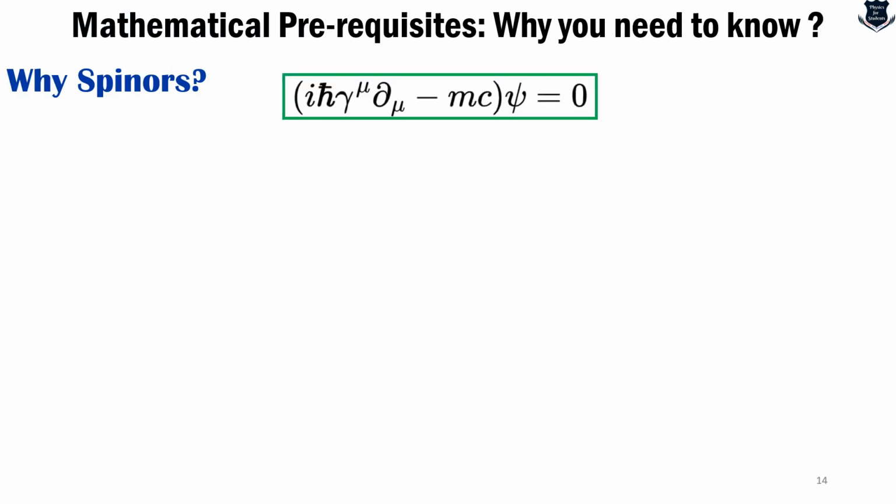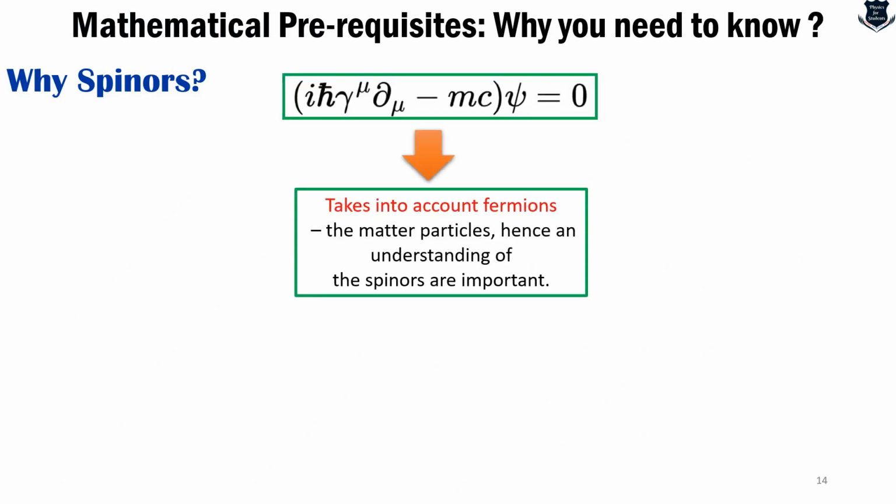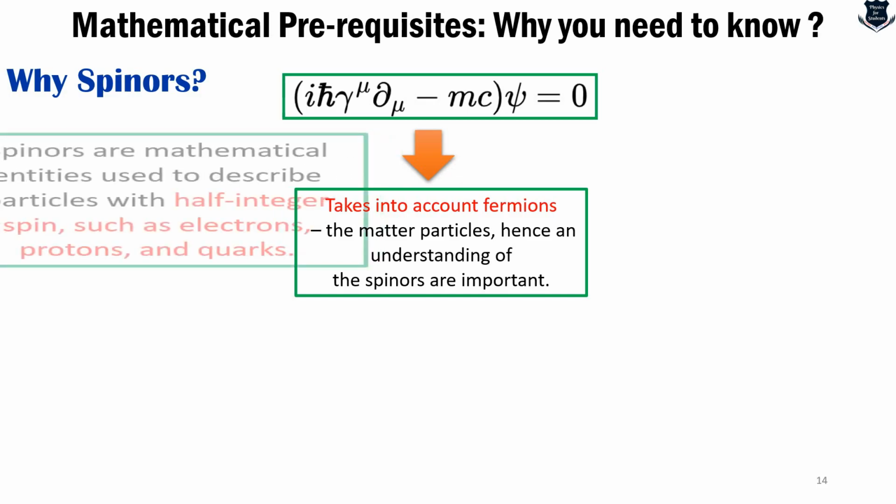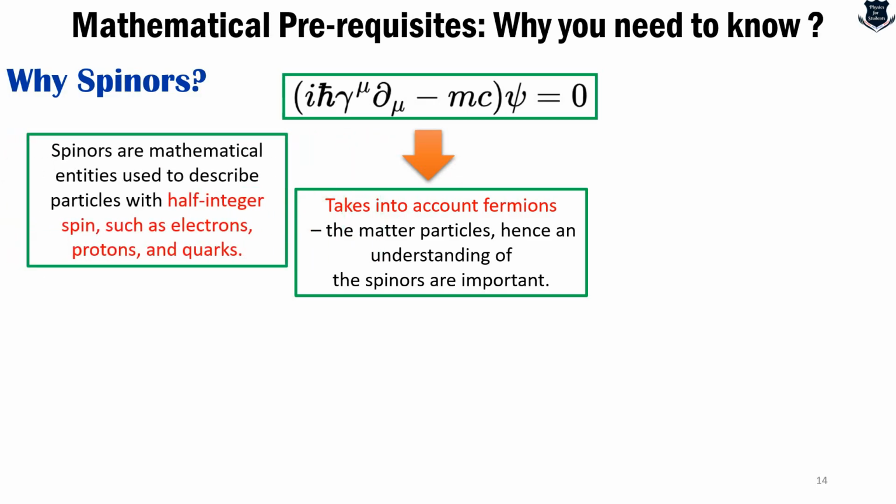So why spinors? First of all, you need to understand that the Dirac equation actually takes into account what are called fermions, and these have got spin half, and they are important to understand spinors, because spinors take into account fermions. The second thing is that fermions have got a half-integer, that means a kind of half spin: electrons, protons and quarks.